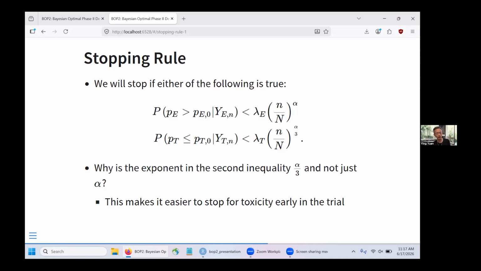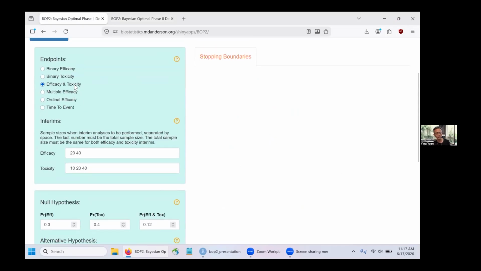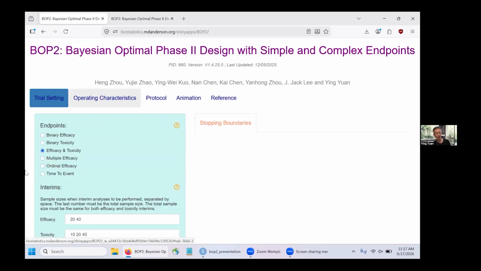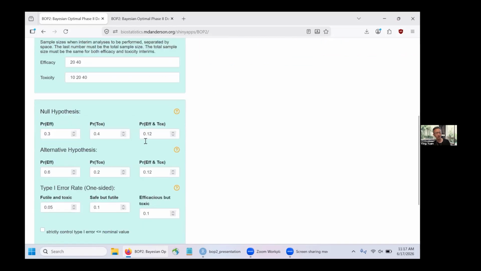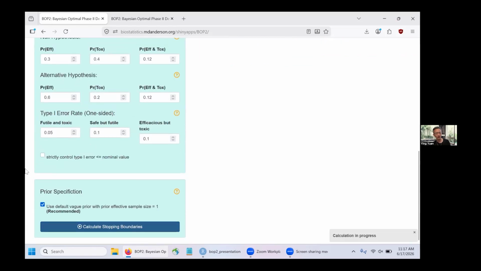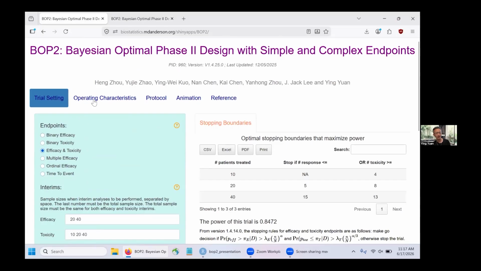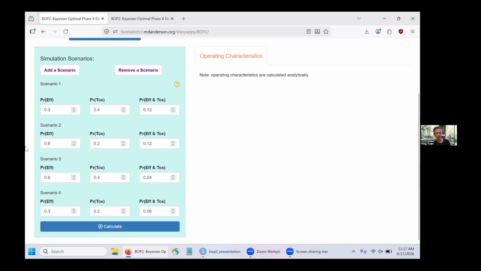That's why, when you look at the operating characteristic and go to the simulation tab, it will ask you to specify the correlation. Depending on what correlation you have, you will get a different operating characteristic. That's what you should anticipate in your real trial. The reason we use independence to design the trial is that in many cases it's so hard for the investigator to specify this correlation. Again, we're trying to balance simplicity with how rigorous it is.